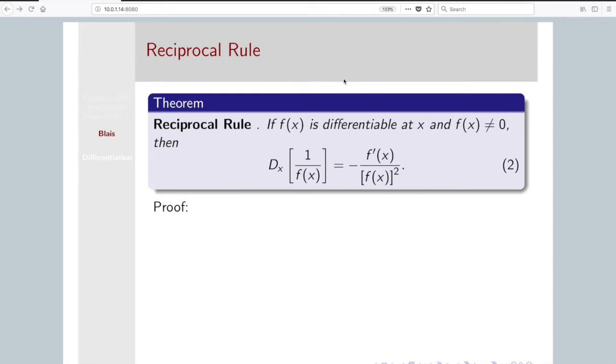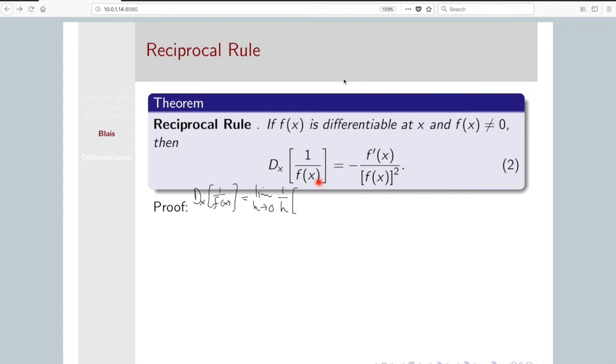Now, for this rule, again, we start out as usual with the definition of derivative. So the derivative with respect to x of the reciprocal of f of x is, using the definition of derivative, the limit as h goes to 0 of, dividing by h, so we'll write it as 1 over h.